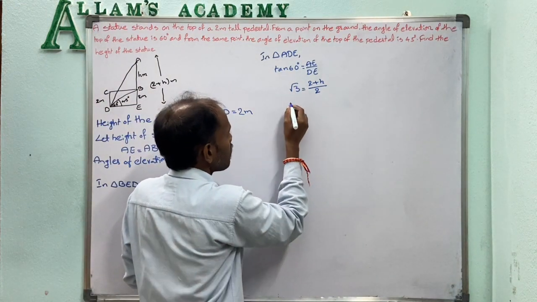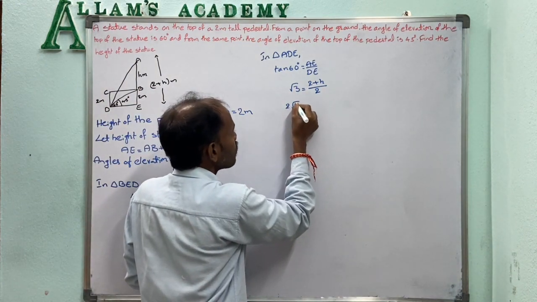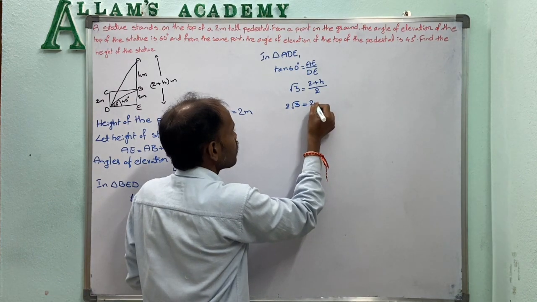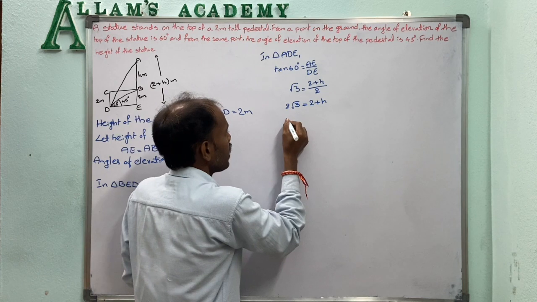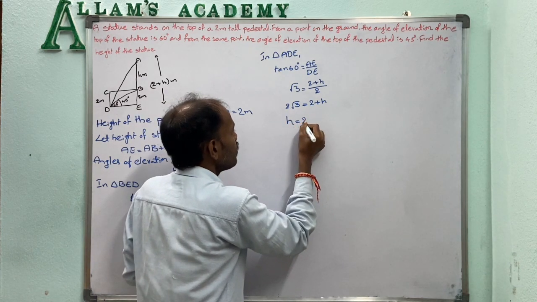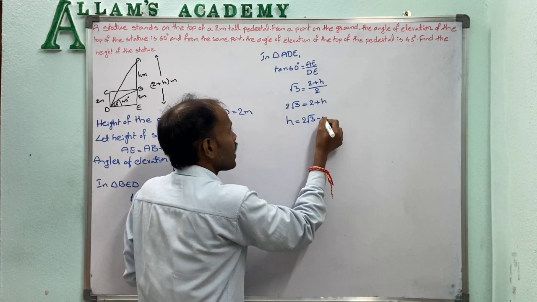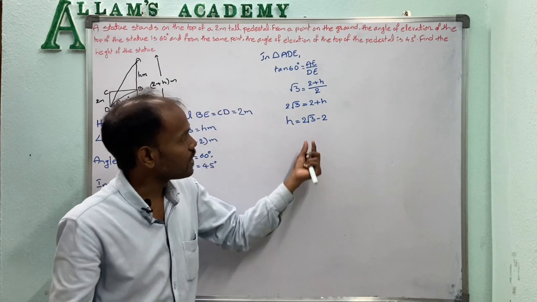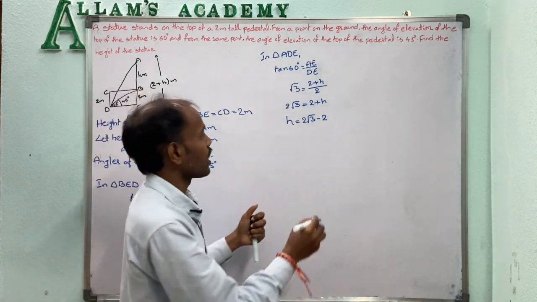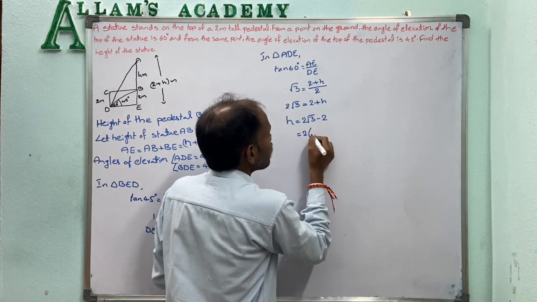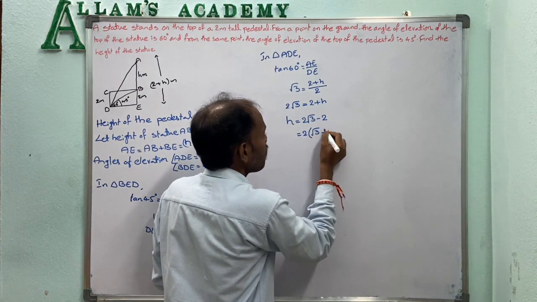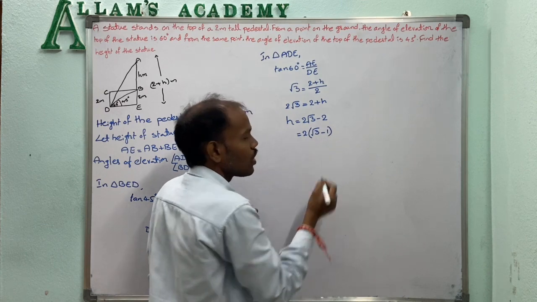By cross multiplication, 2 into root 3, 2 root 3 equal to 2 plus h. Now plus 2 transfers to this side as minus 2. So h equal to 2 root 3 minus 2. Now in this, 2 is the common number. So taking 2 common, 2 into root 3 minus 1.